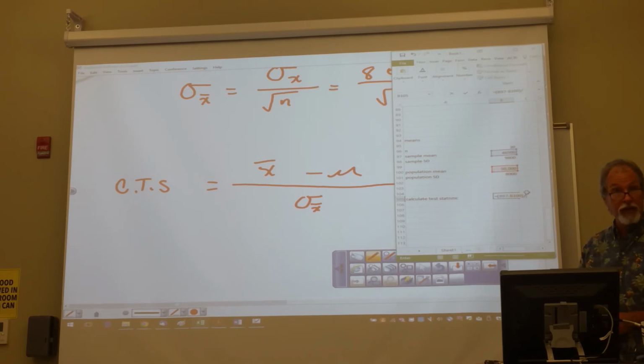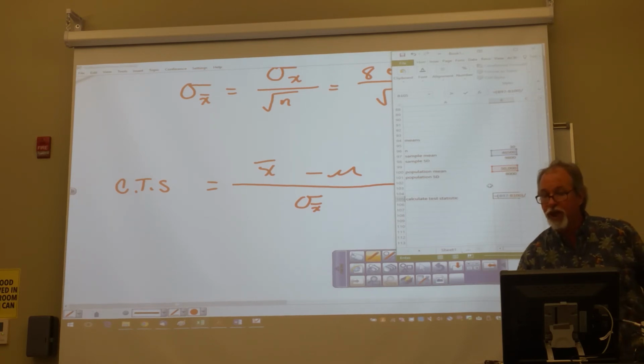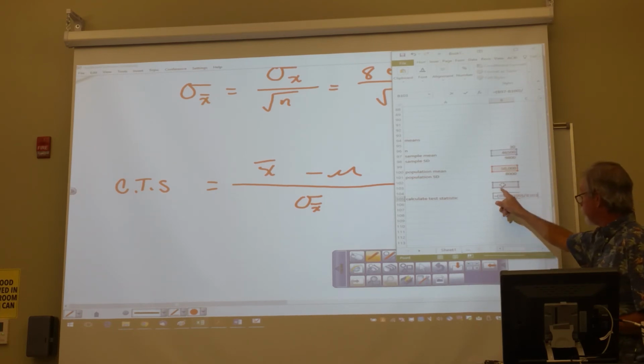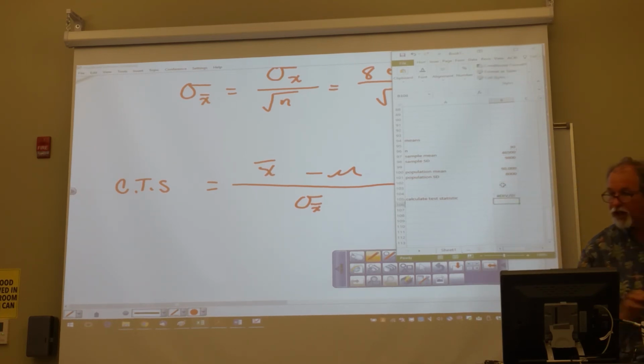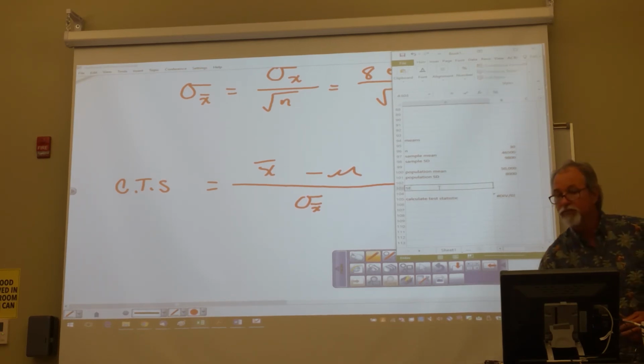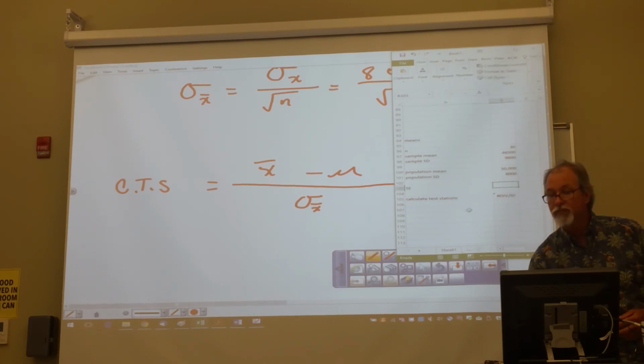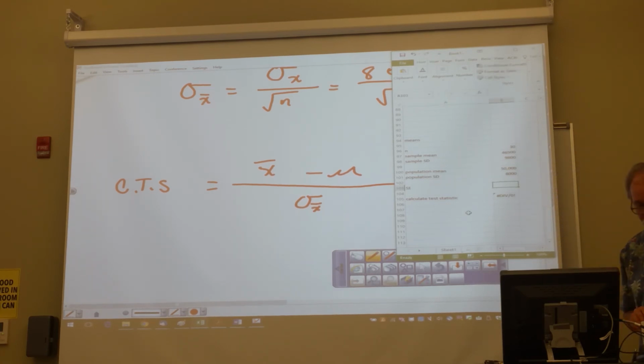Whoops, I don't have standard error, do I? Not yet. So I'm going to click on this box right here, P103, and I want my standard error. That's the standard deviation divided by the square root of the count.